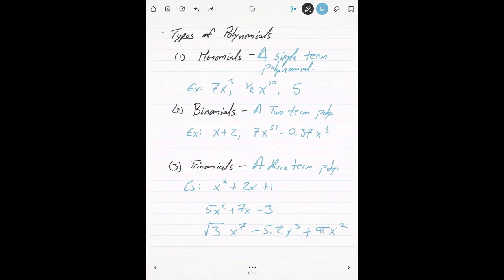Now, we want to know the number of terms because this will have something to do later on with the complexity of the graph, I would say. The more terms that you have, the more complicated the graph can become. A big application of polynomials is being able to model data, to model graphs, and the more terms that we have, the better able we are to do that.